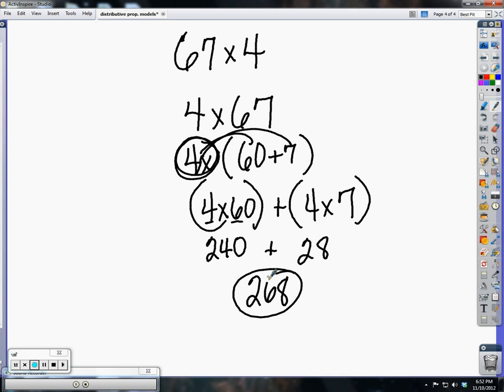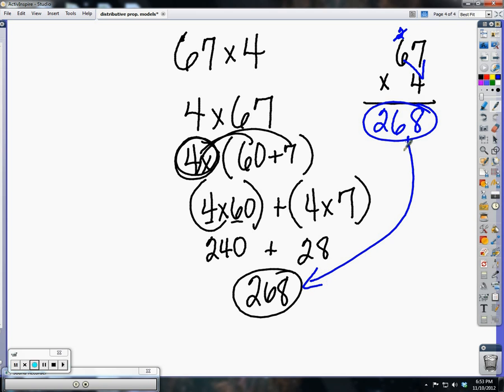Now in the traditional algorithm, or the standard algorithm, you always put the number with the most digits on top as the multiplicand and the one on the bottom as the multiplier. 4 times 7 is 28. Put down the 8, carry the 2 over to the tens column. 4 times 6 is 24, plus 2 would give you 26, and they match.